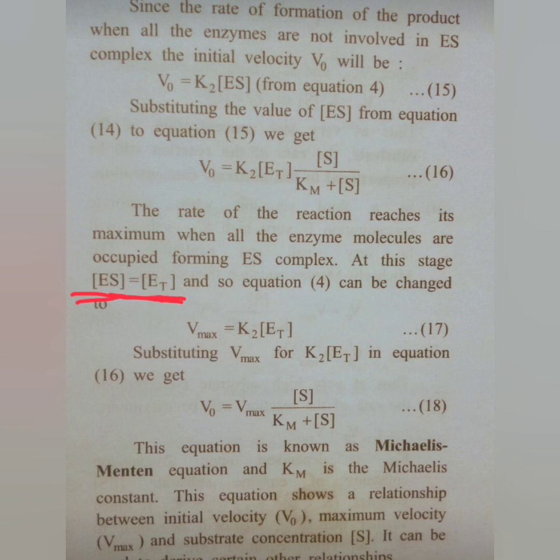Now, equation 4 can be changed. Instead of writing the initial velocity, we can write maximum velocity. The initial velocity is when only a few ES complexes have formed. But Vmax is when ES is equal to ET, that is, all the enzymes have already bound with the substrate. So instead of initial velocity we write Vmax, and instead of ES, now I can write ET.